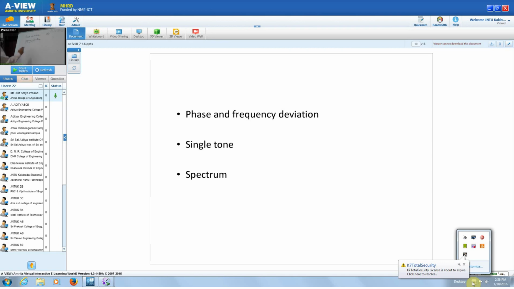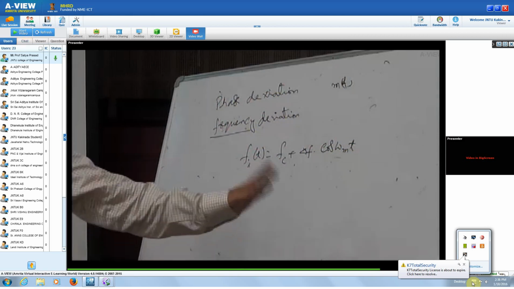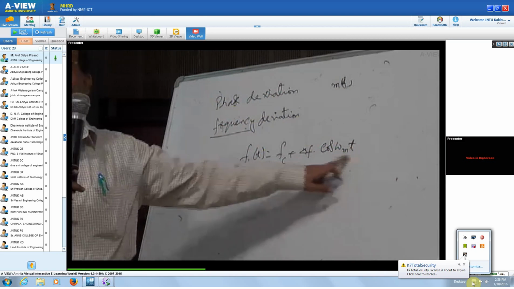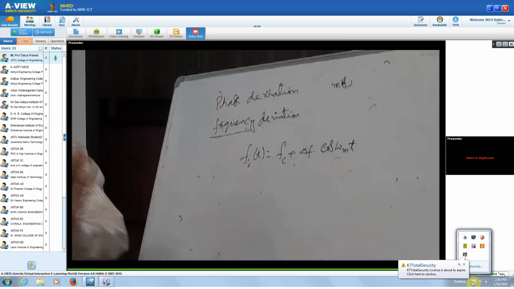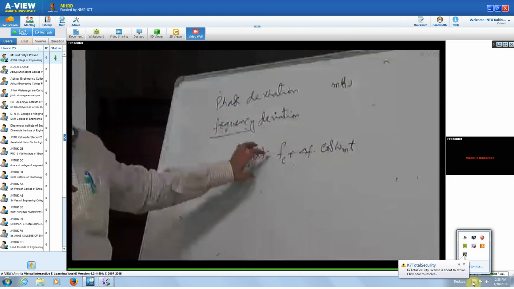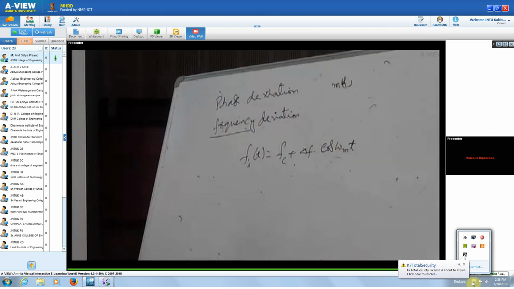That is, you have this cos omega mt as your baseband signal, 2 pi fmt. So what will be the value of this cos omega mt? It may take +1 or -1 at the maximum. That means fi of t can take a maximum value of fc plus delta f or fc minus delta f.